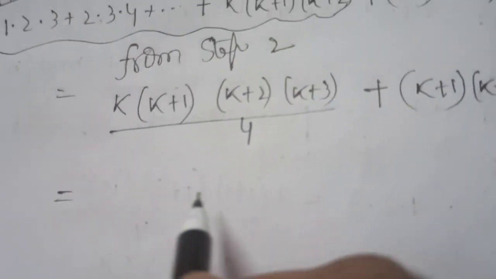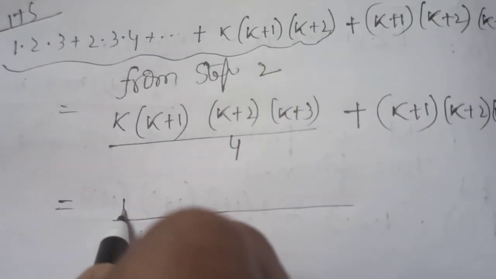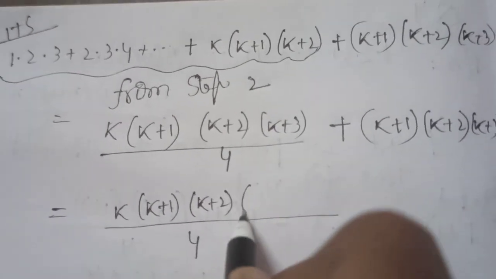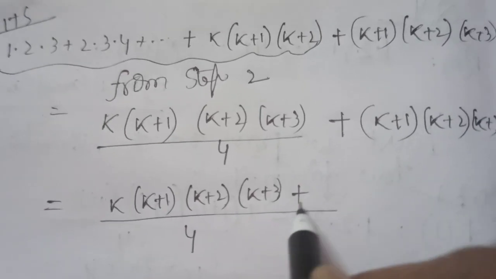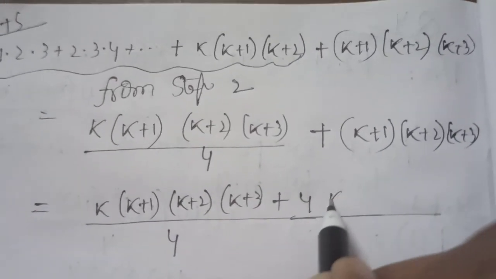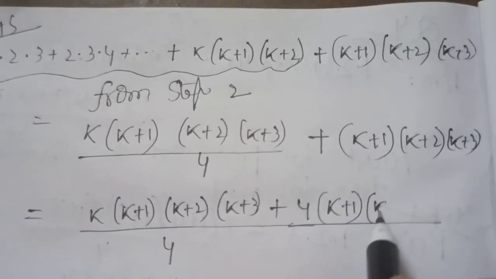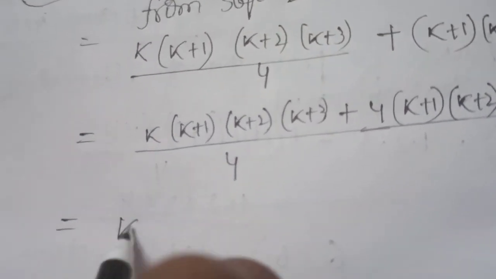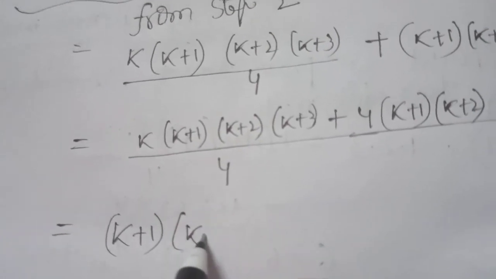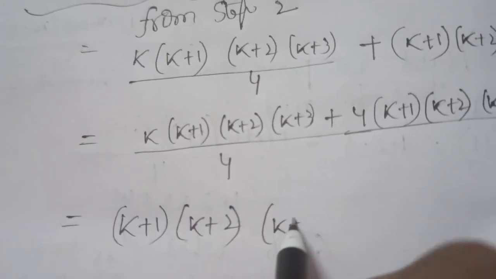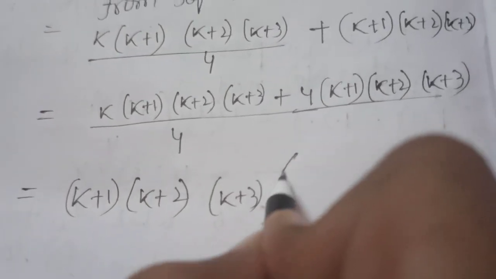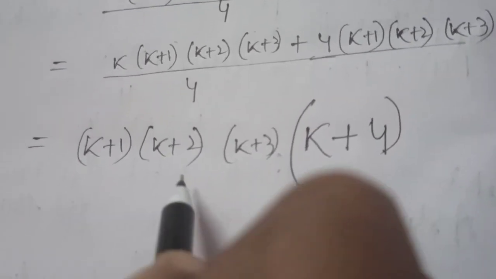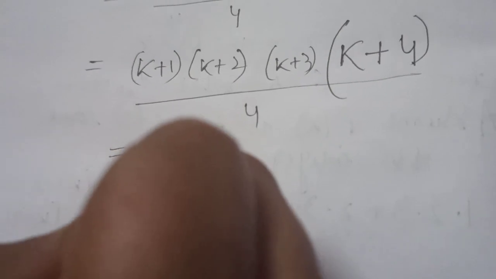By taking 4 as LCM, we get k(k+1)(k+2)(k+3) plus 4(k+1)(k+2)(k+3). So by taking common (k+1)(k+2)(k+3), what is remaining here? k, and what is remaining here? 4 by 4, which is nothing but your RHS.